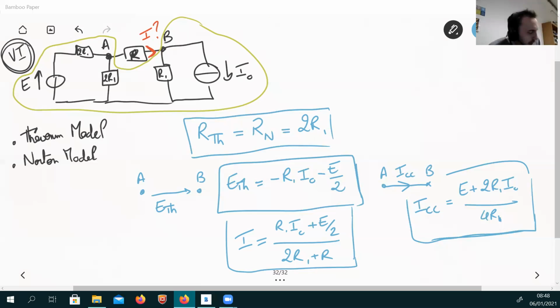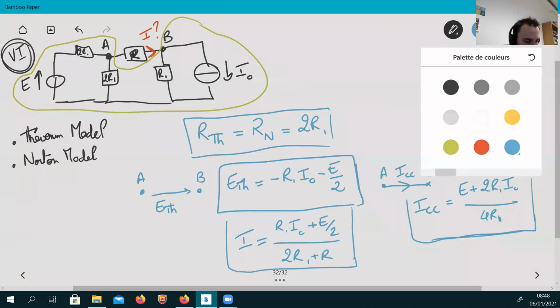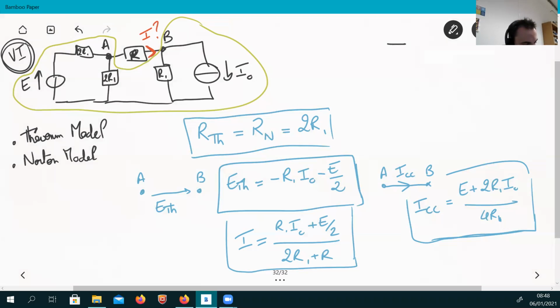Well, when you apply Thevenin model or Norton model, the idea is to simplify everything which is inside here, the green circle. If we apply the Kirchhoff laws, we find that it's 2R1.